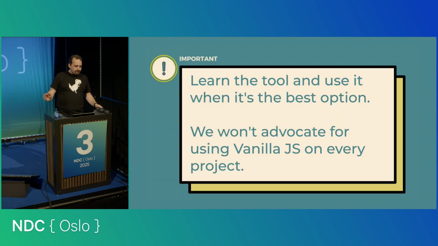So again, I'm not going to advocate for using vanilla JavaScript on every project. Okay, it depends on the project if it's the right tool or not. So if you feel like you are reinventing React, yeah, it doesn't make any sense. The thing is that when you use React because it's the only thing you know, and now I'm not sure if you try that, but the hello world in React now has more than 20 files. Okay, yeah, and you say, well, but you shouldn't be using React for a hello world.